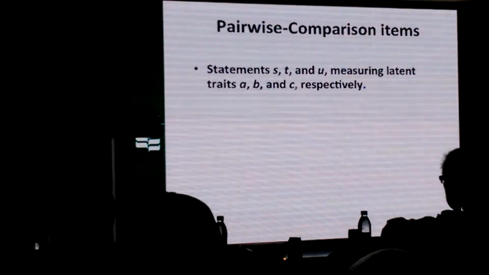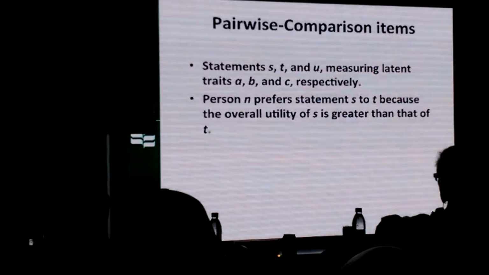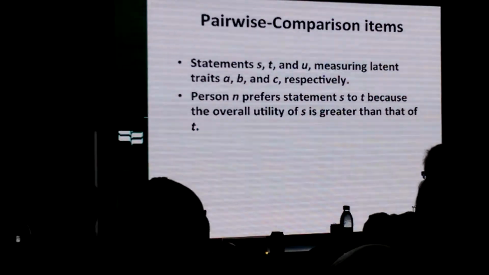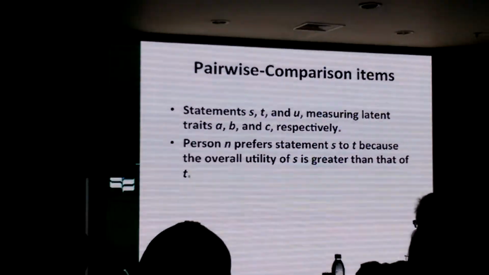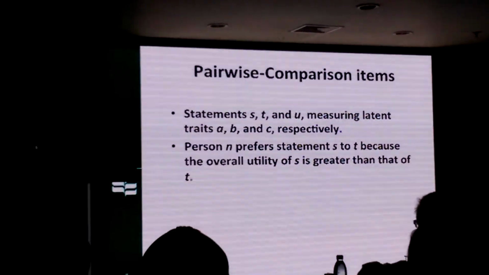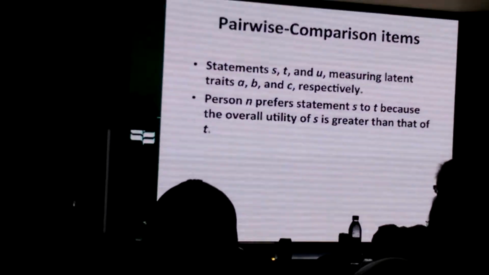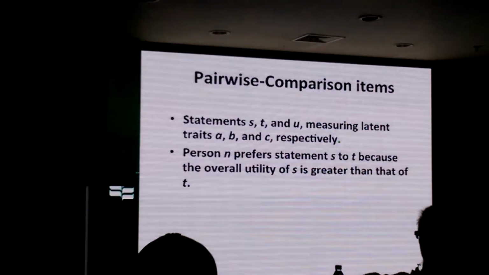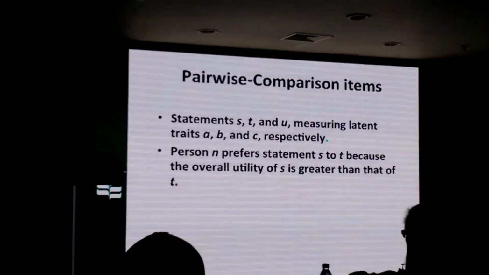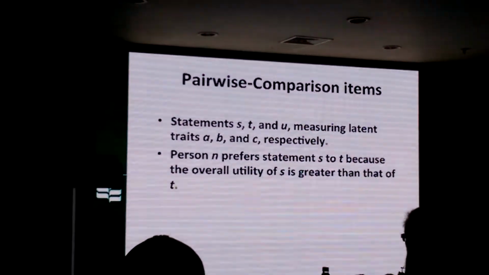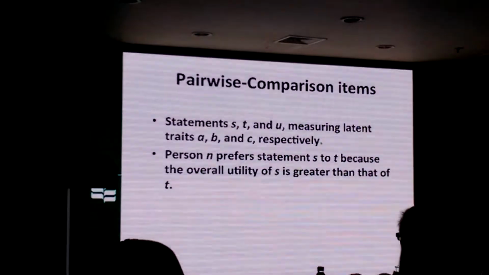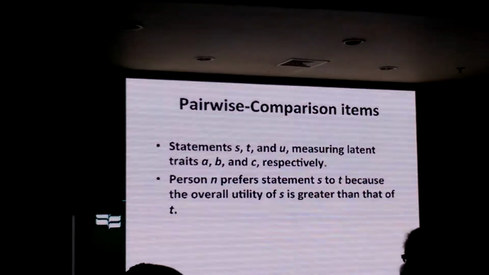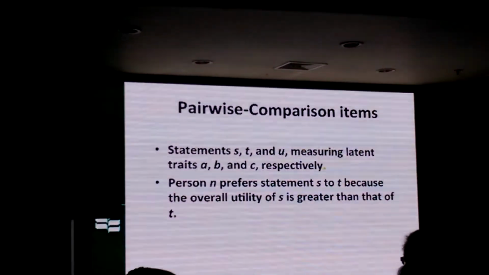All right. So the question that I want to ask is, why does person A prefer statement S to T? Why? Because the overall utility of S is greater than that of T. Okay, that's my assumption.